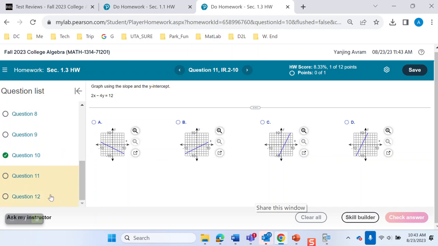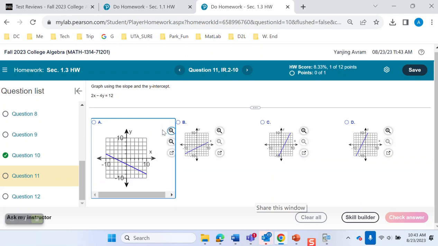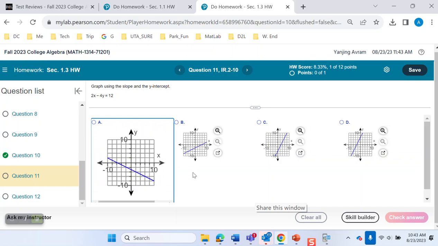The next question is you're going to graph using the slope and the y-intercept. So basically, you just need to choose the correct answer. You can enlarge the graphs if you cannot see them clearly and check. Which one is the correct answer? If you want to put this one in the calculator, you have to solve for y.